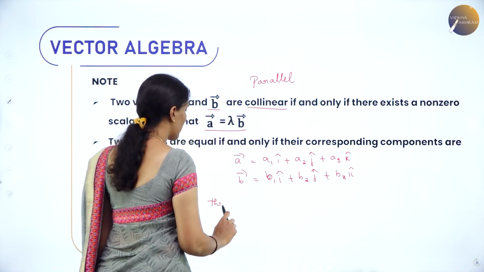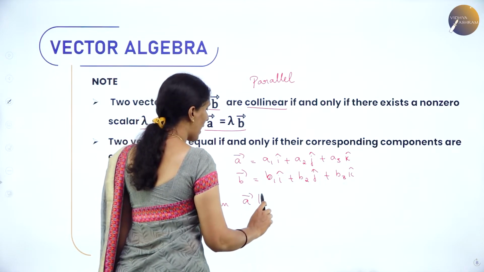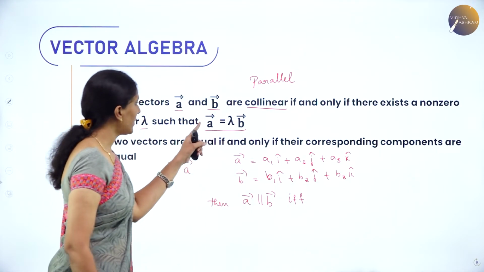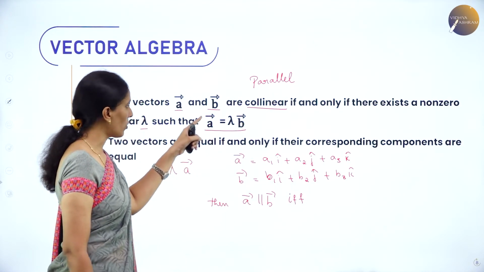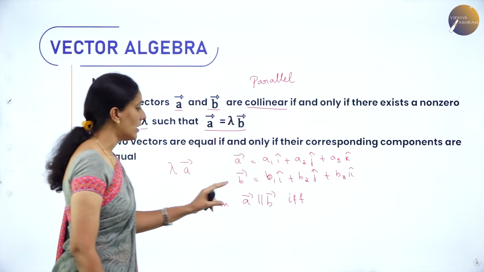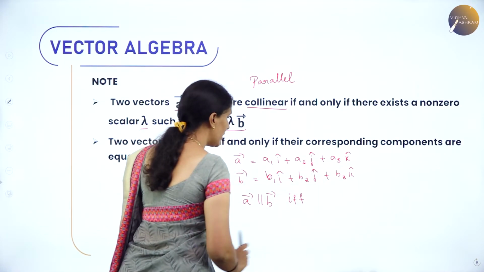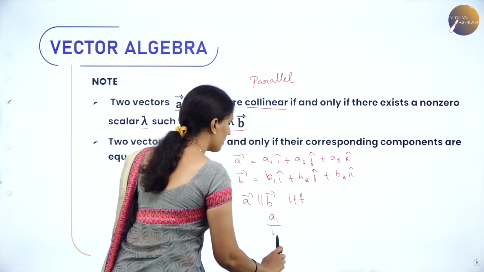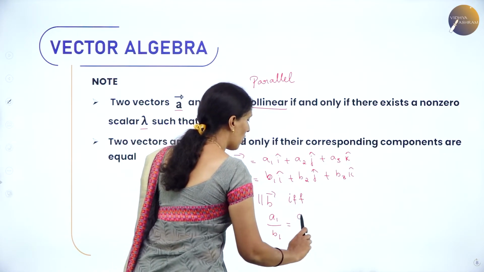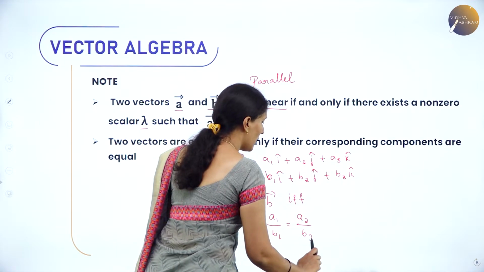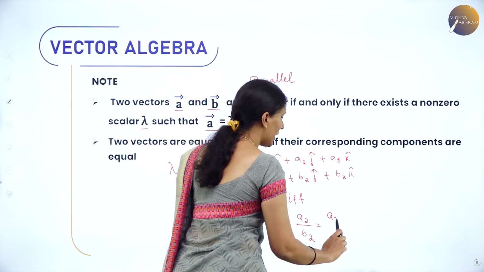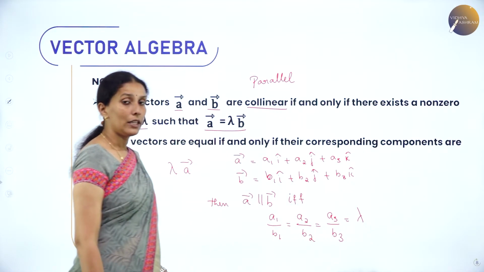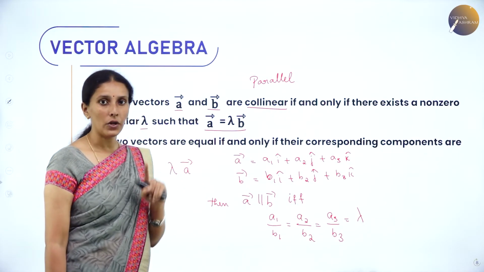Then vector A is parallel to vector B if and only if... So if vector A is equal to lambda B, what does it mean? Vector A by vector B is lambda. That is how all the components should satisfy the same thing. That is the x component a1 by b1, as well as the y component a2 by b2, as well as the z component a3 by b3, must be equal to some scalar quantity. Then only we say that they are collinear to each other.